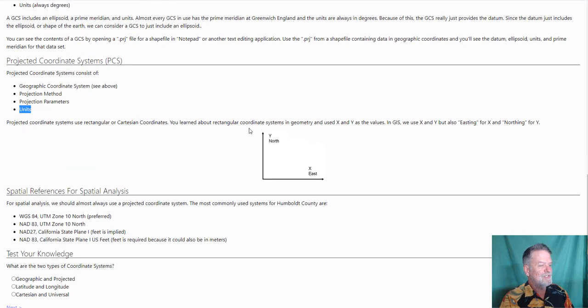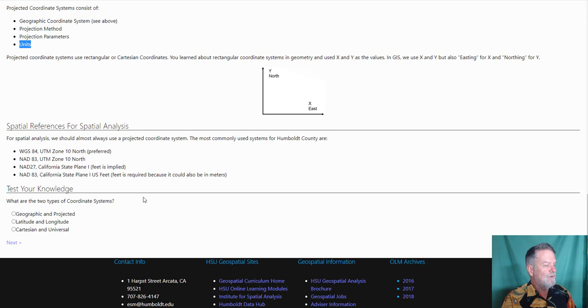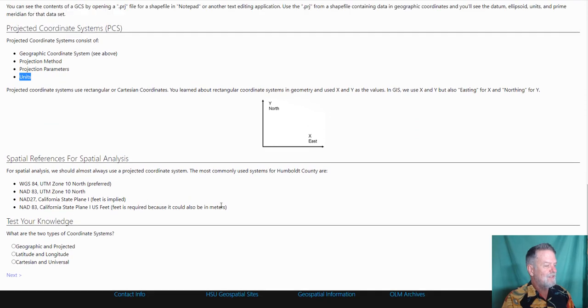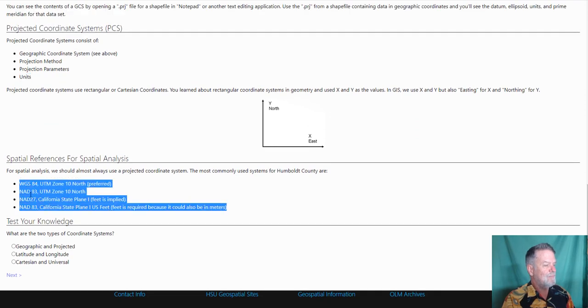And these are again projected, so there's an X and Y, or an easting and a northing. And almost always north is represented as up, so it becomes Y, and X is horizontal, synonymous with easting, but again, not always.